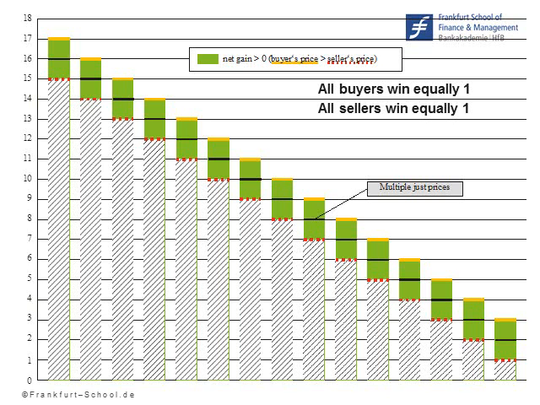But we have multiple rather than a uniform price. Each trade has its own price. The total social welfare gain from trade in this case is 30.